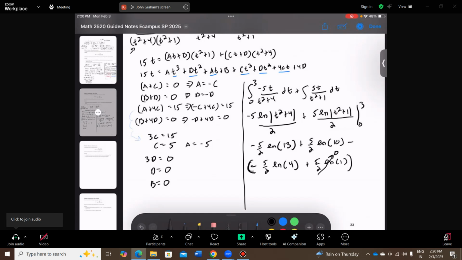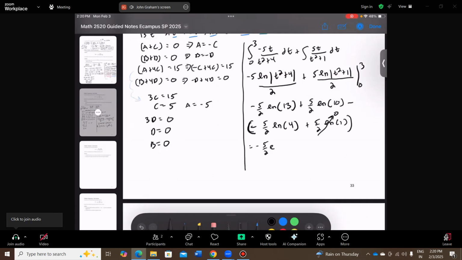Right, so writing this out now, negative 5 halves natural log of 13, plus 5 halves natural log of 10, minus a minus, so it would be plus 5 halves natural log of 4. We can kind of put all these together. So 5 halves natural log, the ones that are positive multiply, so we have 40 on the top, 40 over 13.